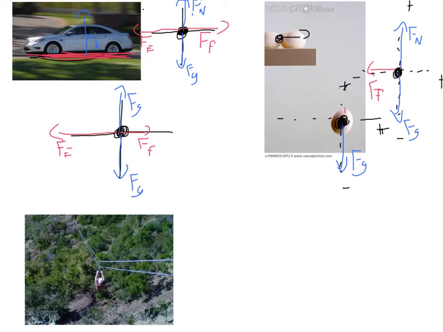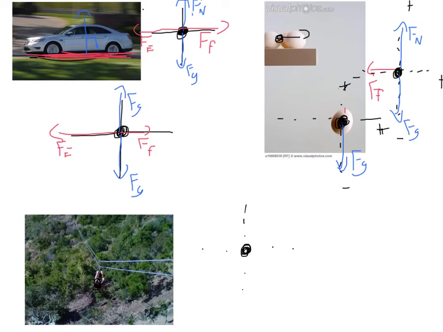Lastly, I have a person going down a zip line across a mountain here. If you look at it, notice how there is an angle made by the zip line. In other words, his mass is causing the actual wire to come down. So my free body diagram might look something like this.